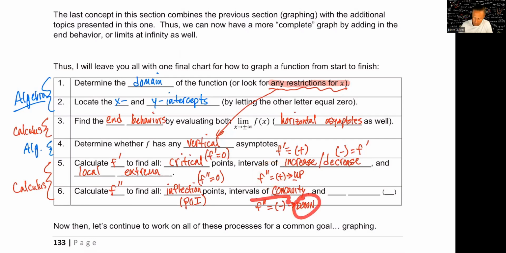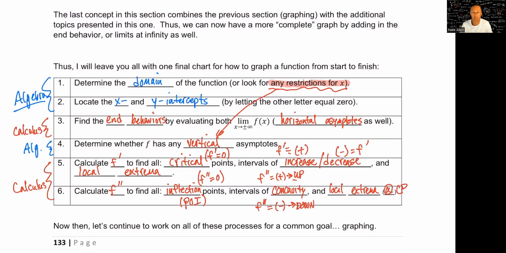Concave down, where our second derivative was negative. We can even put in our critical points to our second derivative to see if it's concave up, it will have a relative min, and if it's concave down, it will have a relative or local max. So that also helps us to find our local extrema at our critical points.